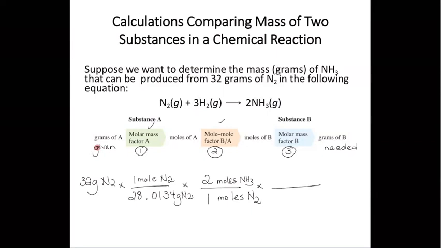Now, one more piece to get to the final. We need to find the molar mass of that needed compound. So I'm going to put in the bottom 1 mole of NH3, and then on top, I'm going to put the molar mass of NH3. Calculate the molar mass of NH3. I'm going to do it on here too. Let's see if we get the same thing. Molar mass of ammonia.